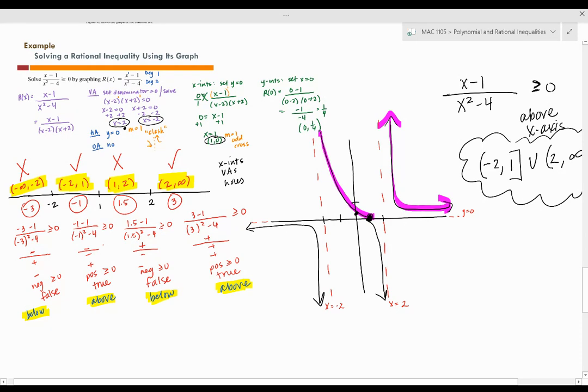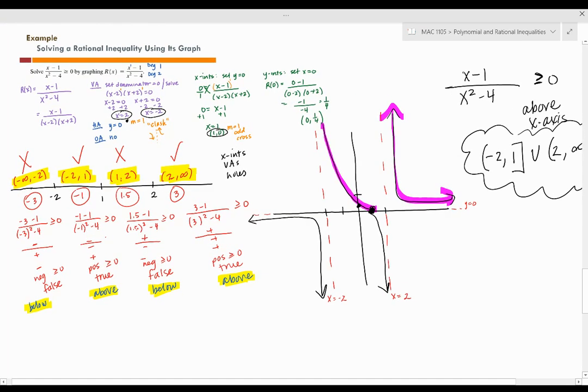Now, if we were to do this same problem analytically, okay, we could cut out some of the steps here, all right? So if we were to solve it algebraically, okay, then we would need to find anything that would divide the x-axis.